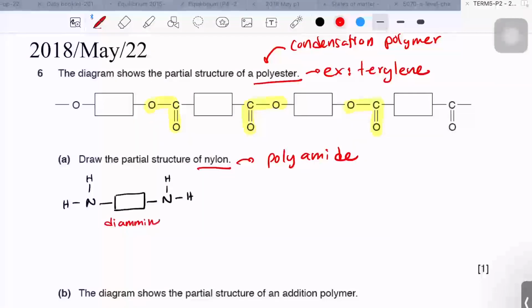Diamine. So when a diamine combined with a dicarboxylic, so dicarboxylic. In dicarboxylic, we have two carboxylic groups.